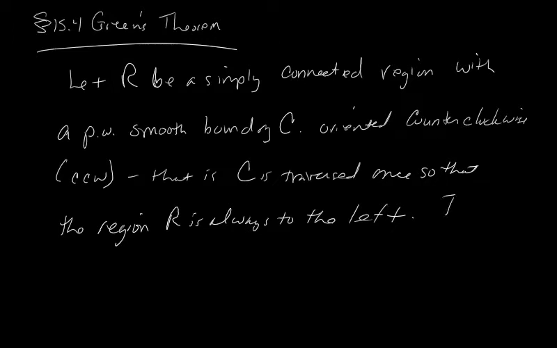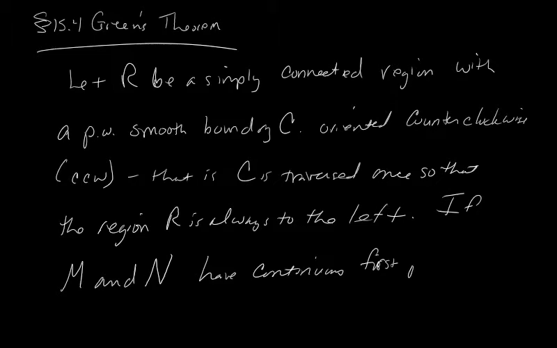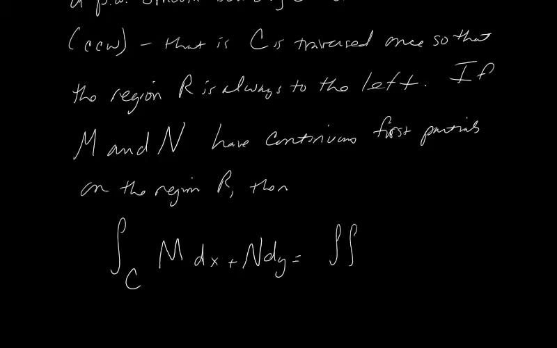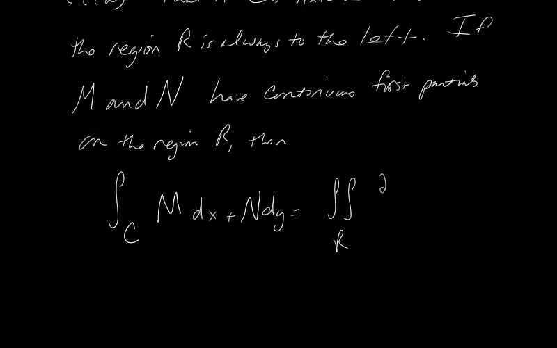If M and N have continuous first partials on the region R, then the integral over C of M dx plus N dy is equal to the double integral over the region R of the partial of N with respect to x minus the partial of M with respect to y dA.